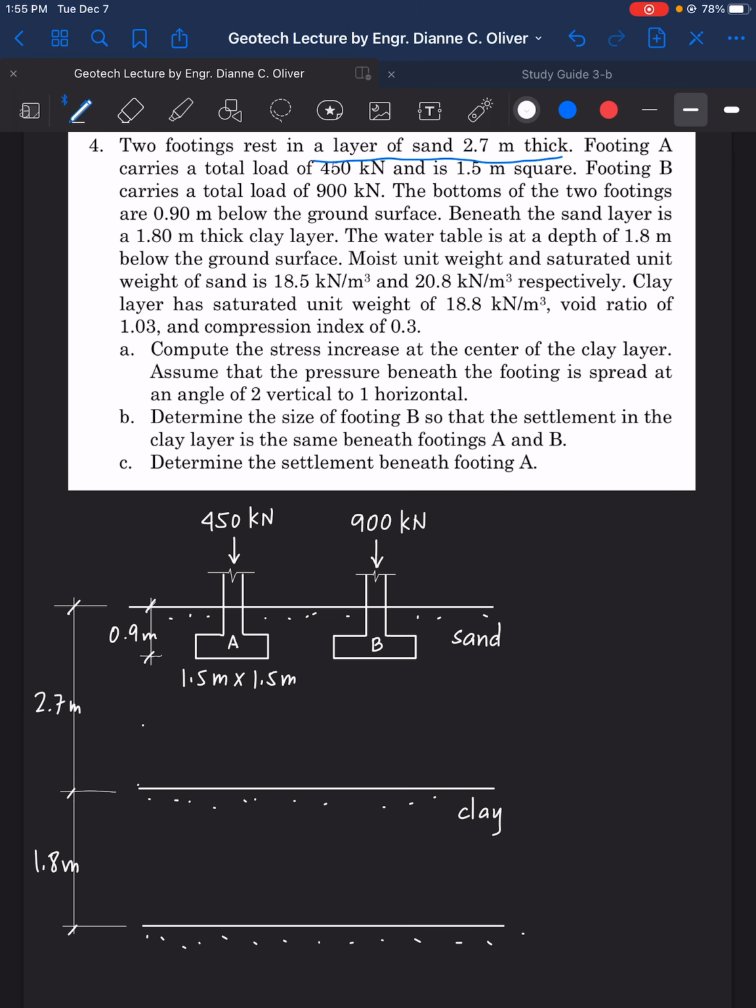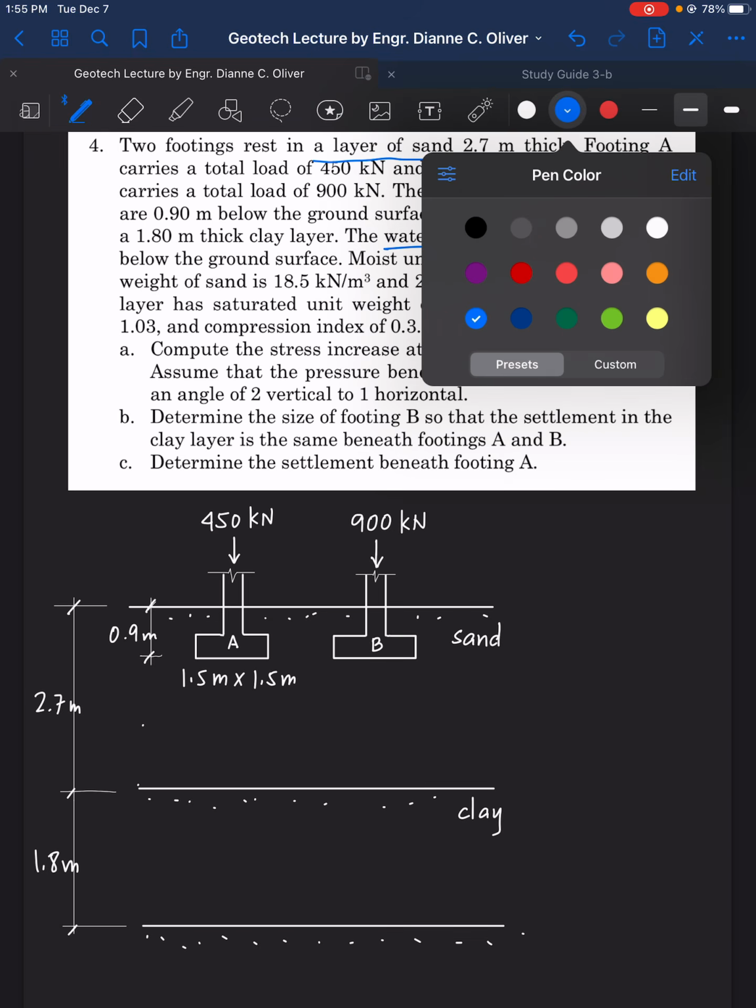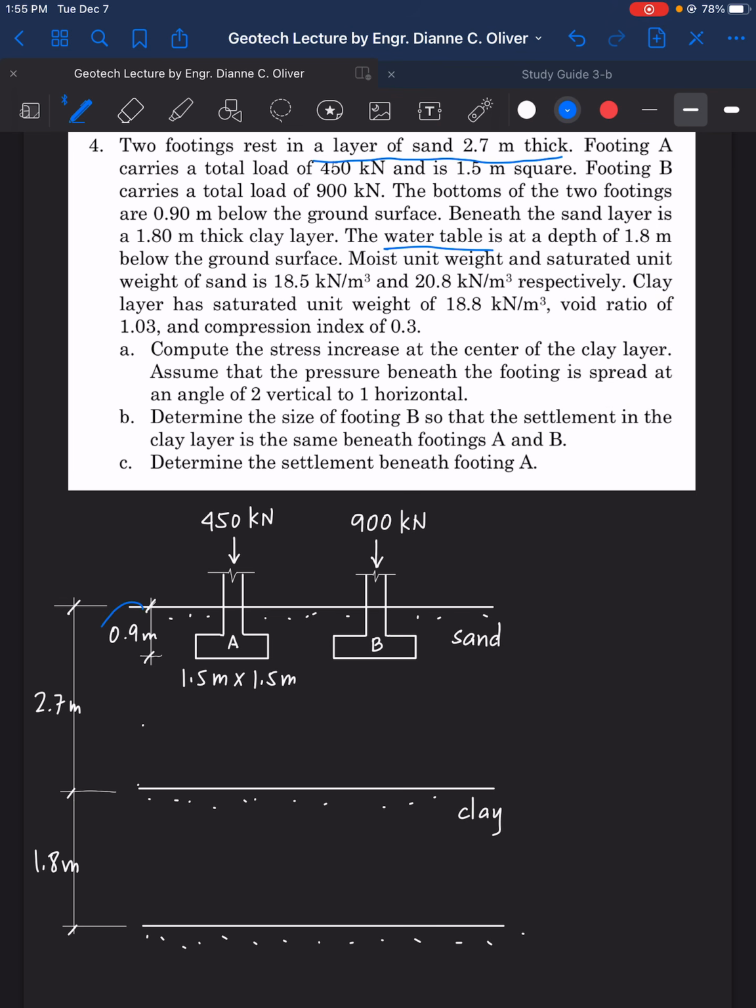Okay? The water table is at a depth of 1.8 meter below the ground surface. So there is a water table that is 1.8 meter below the ground surface. So this is 0.9, then another 0.9, then this is our groundwater table.